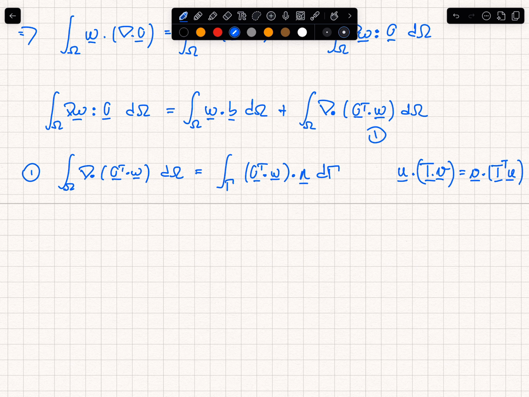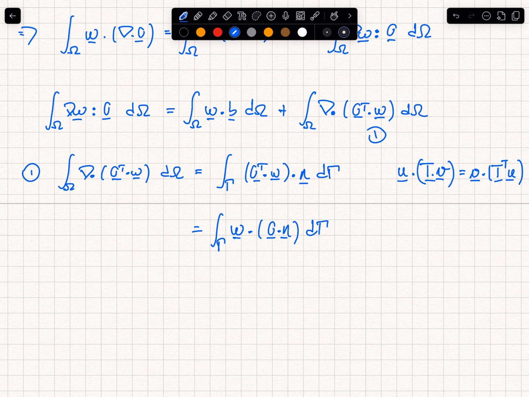So by definition of the transpose of a tensor, I can write that expression over omega, and notice I can swap these two vectors, and of course take the transpose of the stress tensor. That's why I said earlier, I know that by the balance of angular momentum my stress tensor is symmetric, but I'm not going to use that property because I don't need it. Because the moment I use the definition of the transpose of a tensor, now I get this expression here. So I have sigma dotted with n. And what is sigma dotted with n? The traction. That's Cauchy's relation.